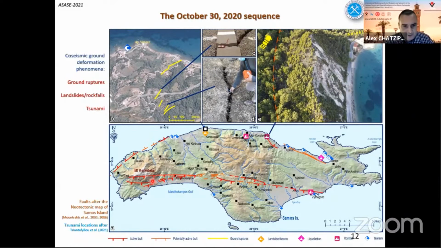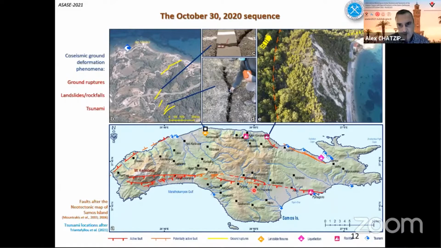This has been compiled by Mountrakis and collaborators several years ago. And the surface effects are shown in this map, mainly concentrated on the north coast. However, as we saw in previous presentations, there are also some effects in the south.